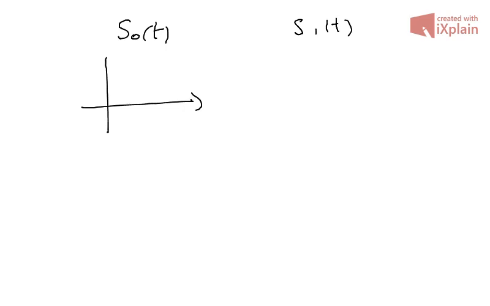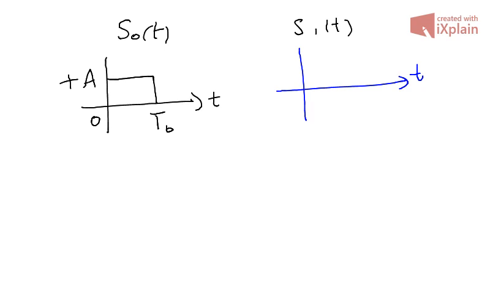We have a pulse from 0 to Tb, with a magnitude plus A. Similarly, we have another waveform, S1 of t, which is orthogonal to S0 of t, also exists from 0 to Tb, and has the wave shape shown here as S1 of t.